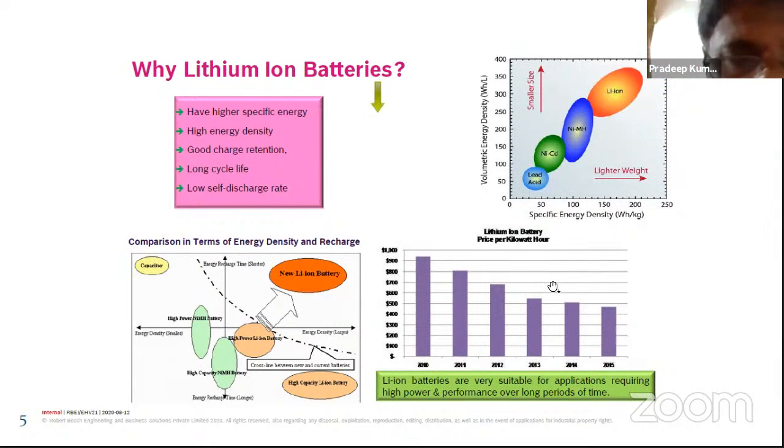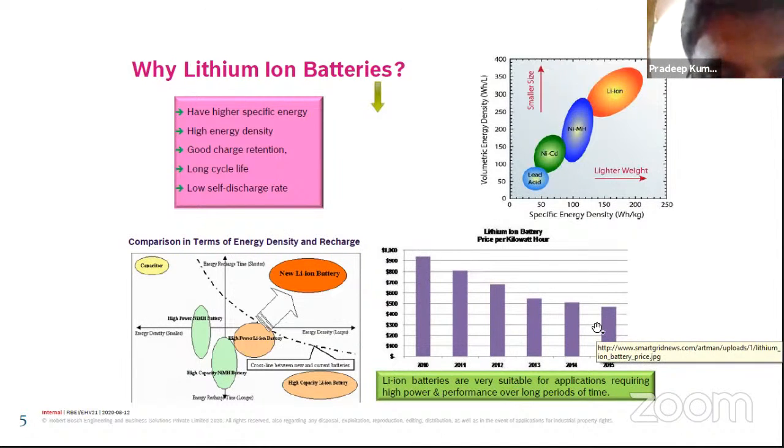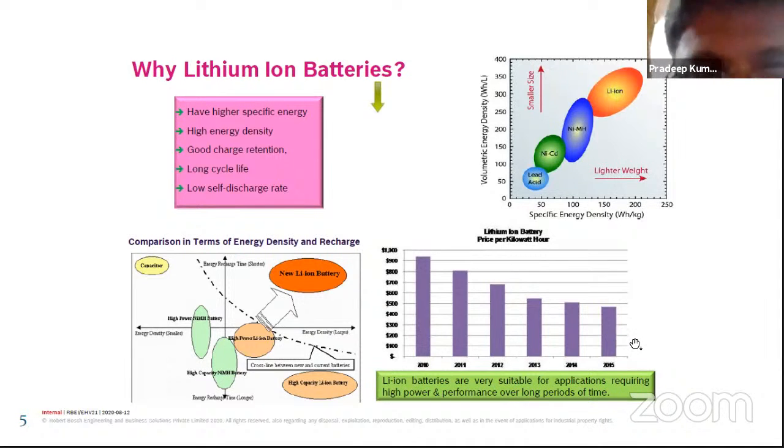Down below, you can see that, I'm sorry, this slide is only up to 2015. So you can see that the cost of lithium-ion per kilowatt hour is coming down yearly. And in 2020, it has reached somewhere around 150 USD per kilowatt hour. It is expected that it will reach 100 USD per kilowatt hour sometime in 2022 or 2023.